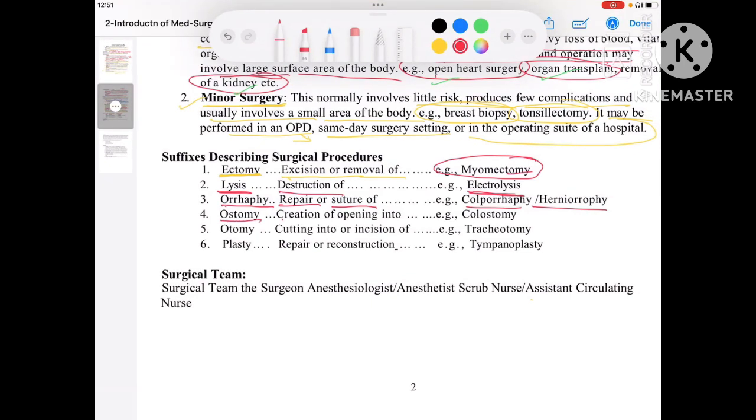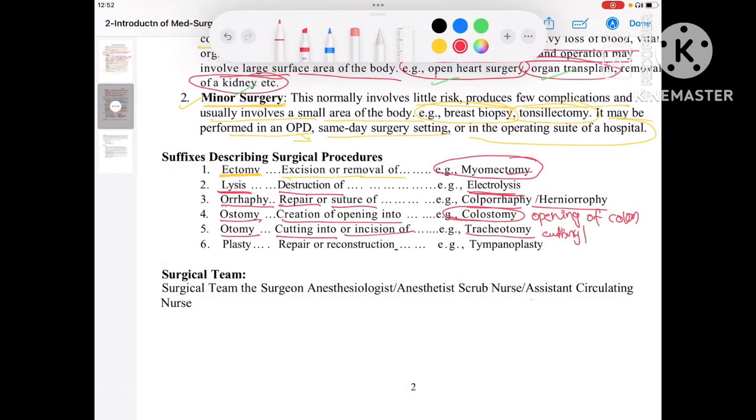Ostomy is the creation of an opening into. They make the opening, as in colostomy, opening the colon. Colon means the large intestine. Otomy means cutting into, incision, as in tracheotomy. They will cut and make the incision.